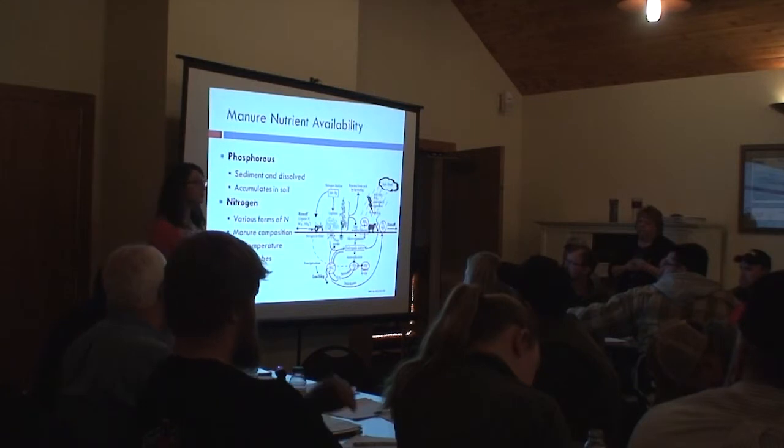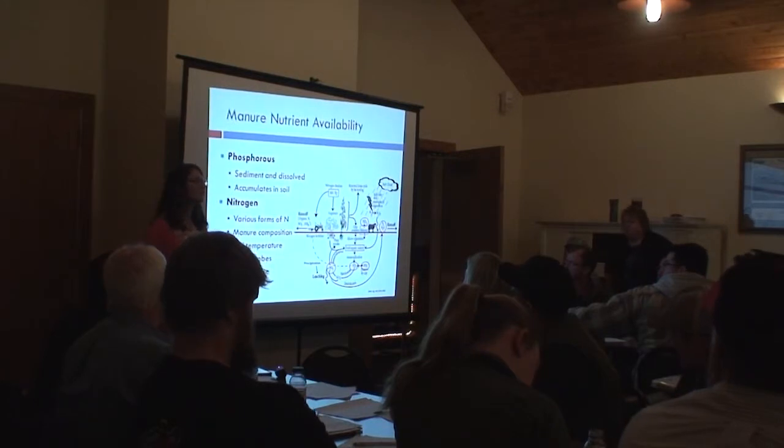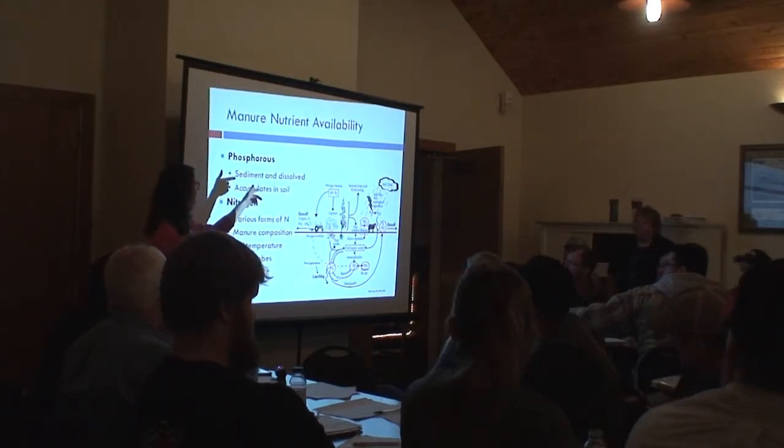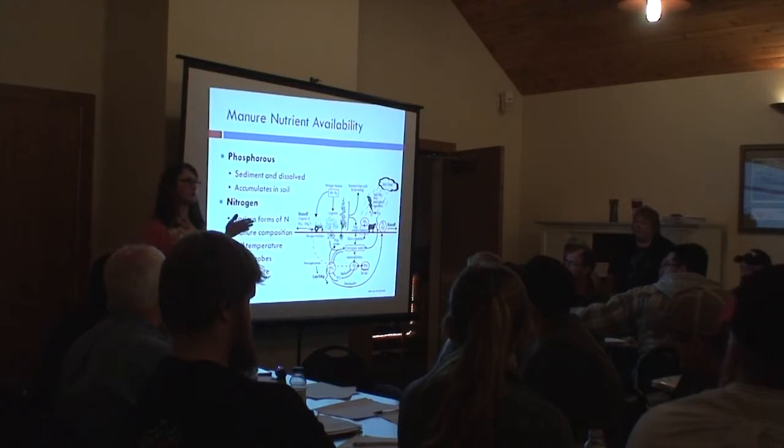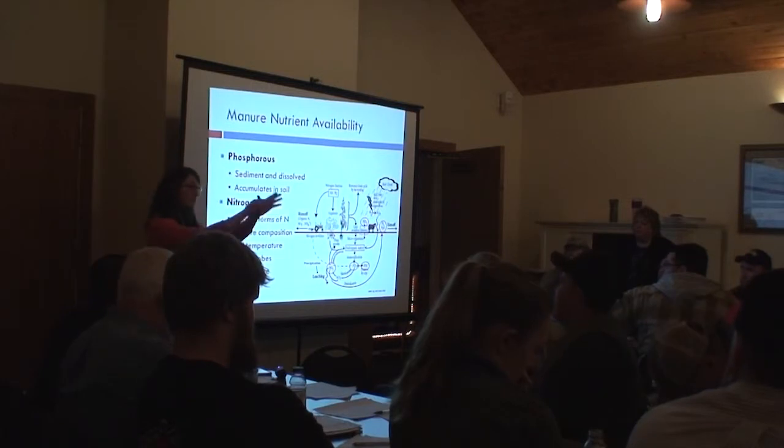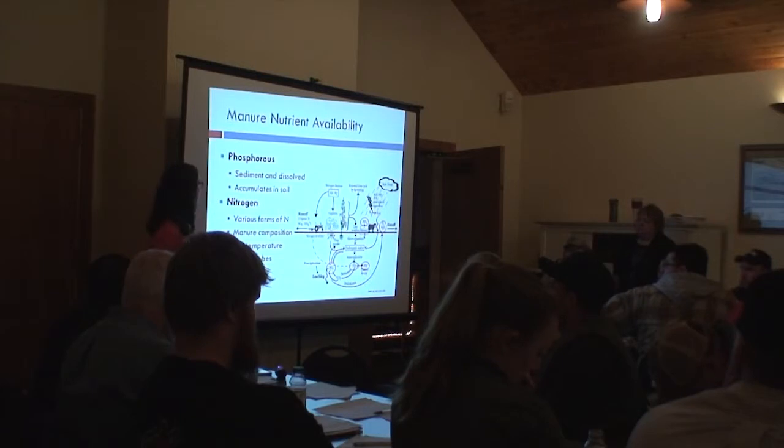Most of the time it just builds up on our soils, and it's to be determined what is the biggest problem with that. It doesn't really leach. Phosphorus is pretty much just lost by runoff issues. So when we get some soil moisture, you over irrigate, we get a big rain event, and you're getting sediment movement and losses off your field, most likely phosphorus is going along with that. Otherwise it just pretty much accumulates.